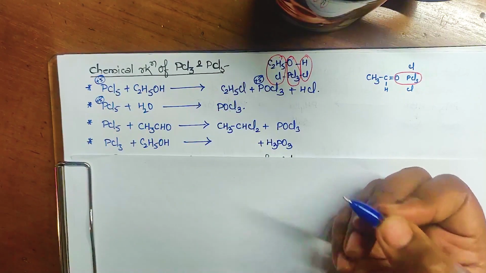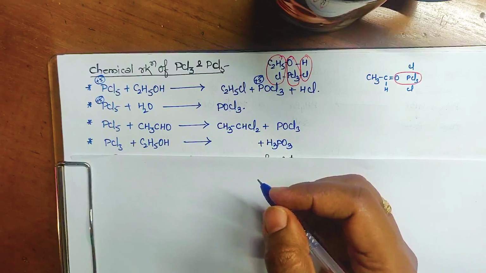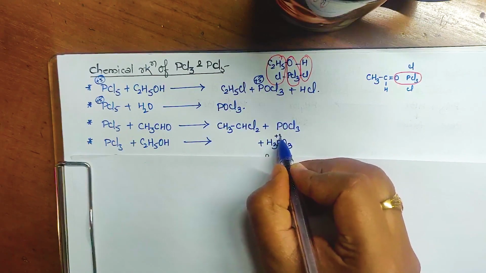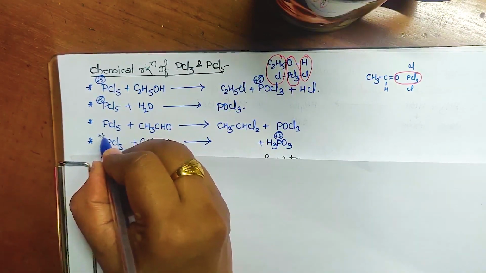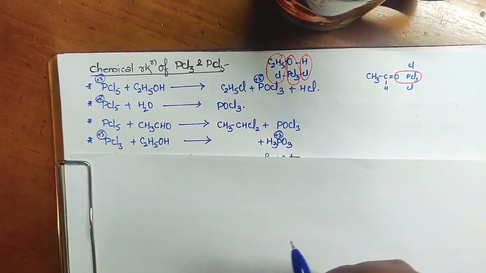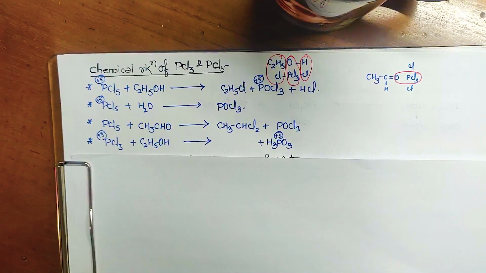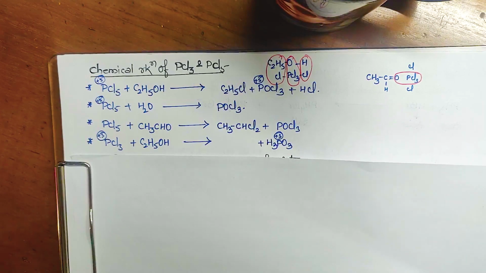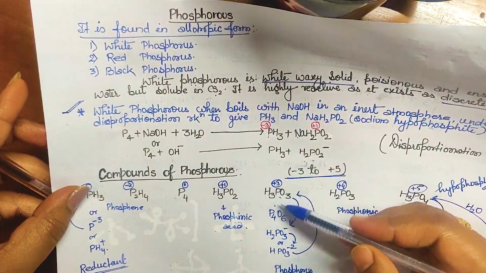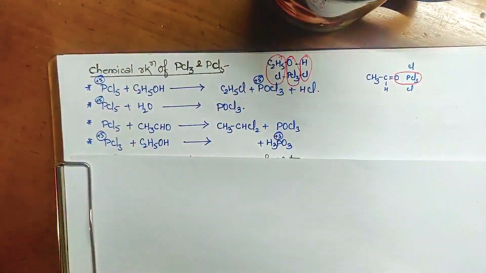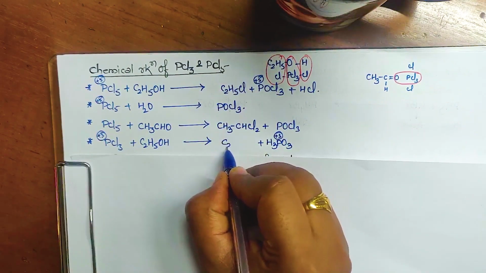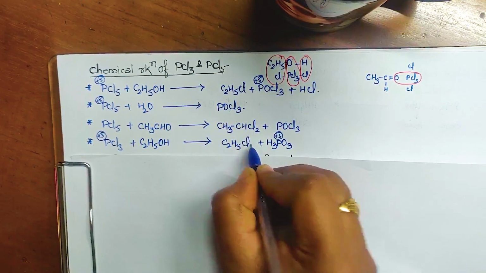The concept is the same, that the oxidation number won't change. So the oxidation number is +3 here and +3 there. Got it? So check phosphorus in the +3 state, what compound we have made. Yes, so this compound is H3PO3.